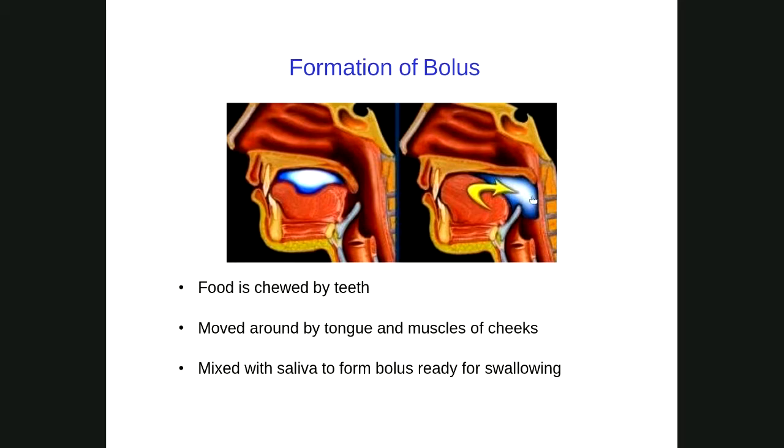Once the food is in the pharyngeal region and the first swallowing happens, the rest of the movements are involuntary: the peristaltic movement in the pharynx propels the food into the esophagus, and in the esophagus the process continues, propelling the food down into the stomach, which is all involuntary. So the only voluntary part is in the beginning, in the oral cavity and the upper pharyngeal region in swallowing.